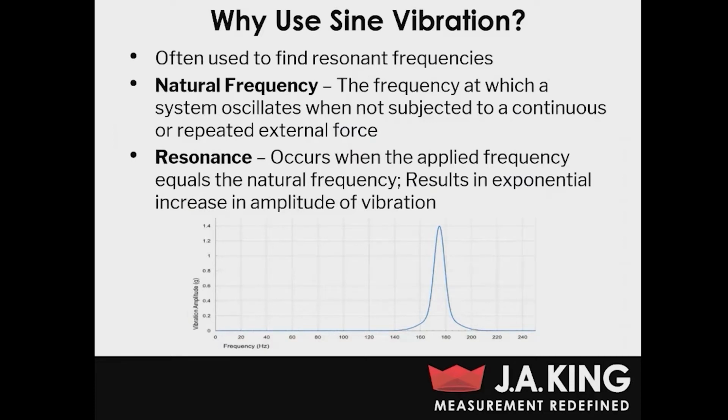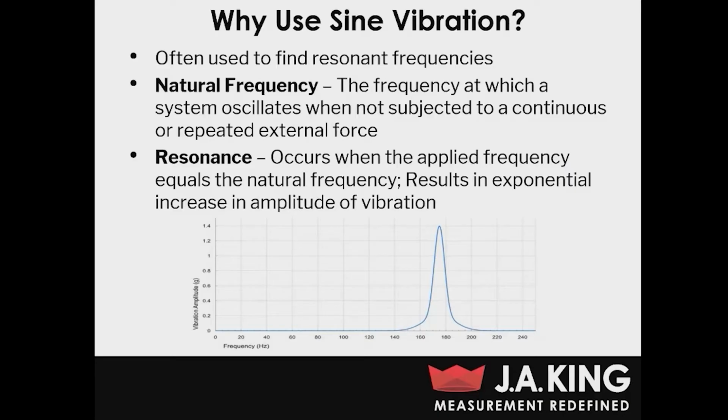So why do we use sine vibration? The main reason we use sine testing is to find a resonant frequency. A natural frequency of a system is the frequency at which that system oscillates when it's not subjected to a continuous or repeated external force. So it's the frequency that that system is going to oscillate at when it doesn't have any external vibration applied.